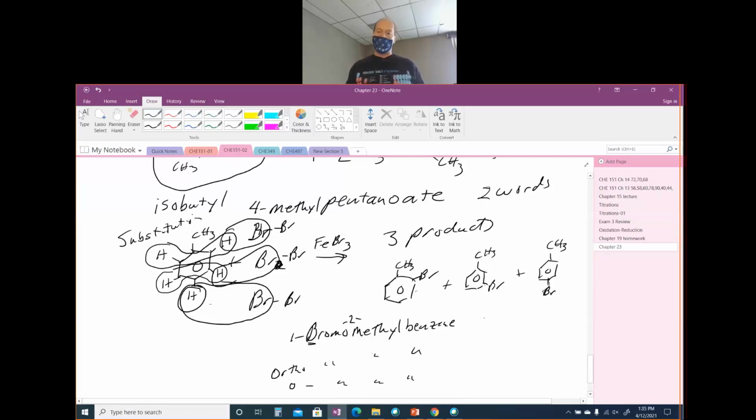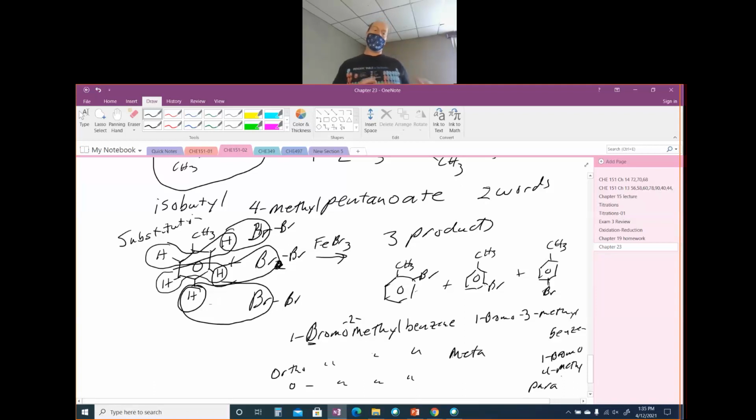And then this one would be a 1-bromo-3-methylbenzene. And this one would be a 1-bromo-4-methyl. But of course, this one could be meta, and this one could be para.